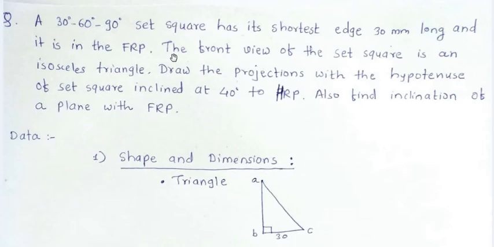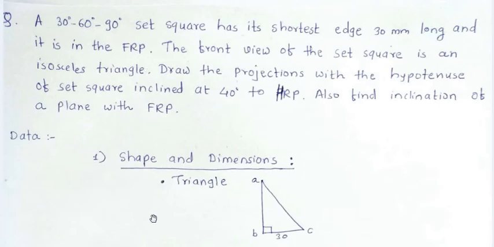And in this problem, the inclination is not given, but after the inclination, how the front view appears, that description is given. That will also form a condition with respect to FRP. So if you see, the front view of the set square is an isosceles triangle.